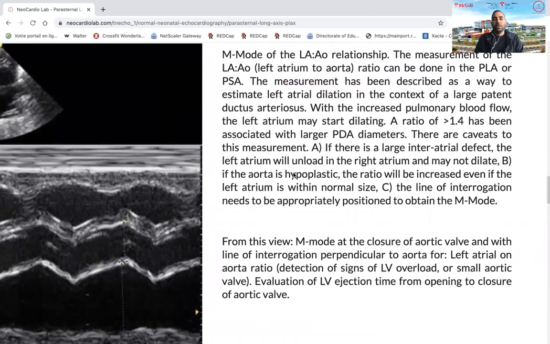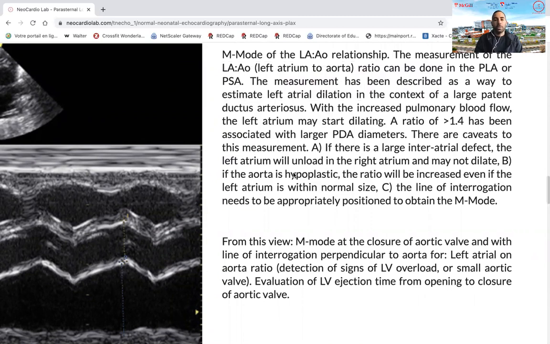And typically a ratio of 1.5 and more is considered to be showing a discrepancy in terms of the left atrial to aortic ratio. So that could be either because your left atrium has a tendency to be dilated, such as when you have a lot of pulmonary venous return.